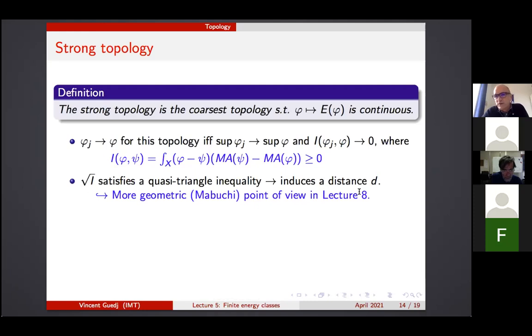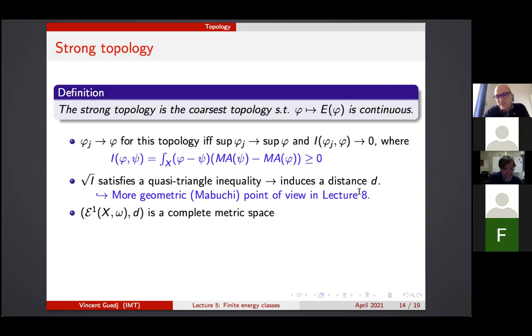This distance is a bit abstract, but next Thursday in lecture 8, I will make it more practical and more geometrical by using the Mabuchi point of view. So wait a bit for this better point of view.